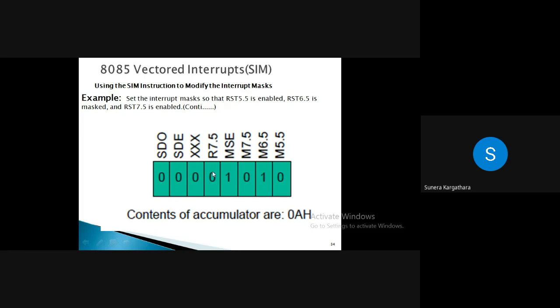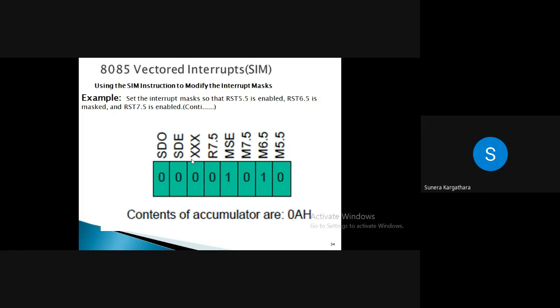Students, you will make a mistake here. Generally we think 0 is masked and 1 is available, but here the instruction is set interrupt mask, you are setting the masking, that means 1 is masking. Am I communicating, student? So 0 for RST 7.5 means that particular interrupt is enabled.